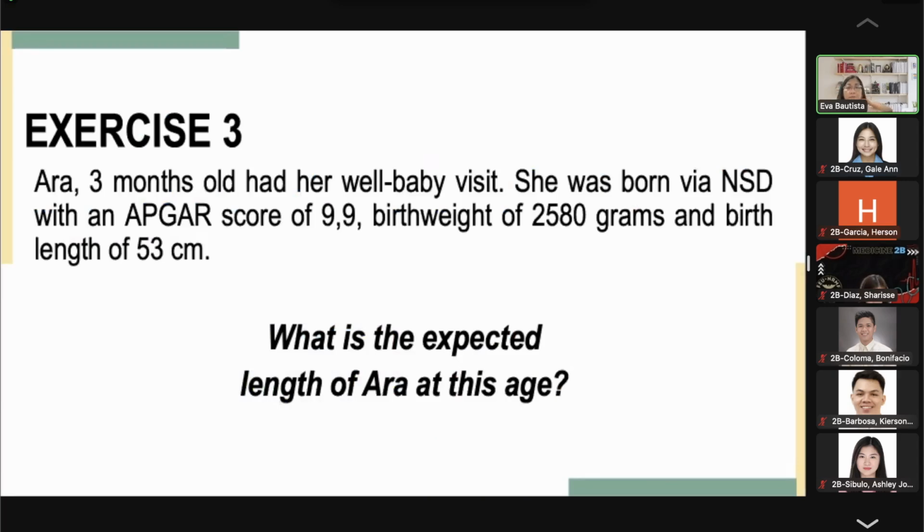So a 3-month-old was brought in for well baby visit. Okay, was born NSD with a good Apgar score and a given birth weight and birth length. So what's the expected length of Ara at 3 months of age?